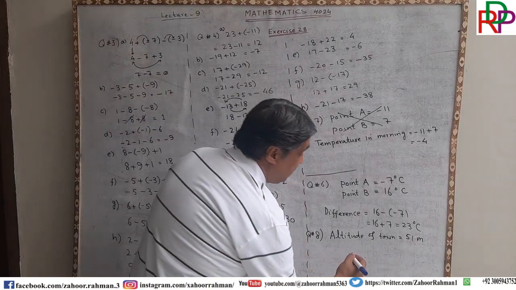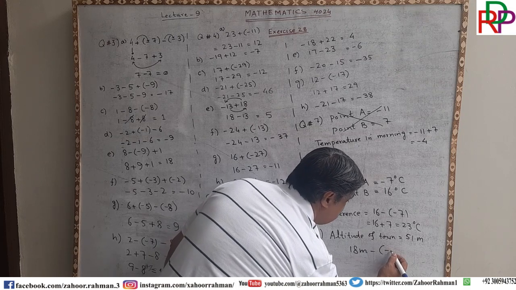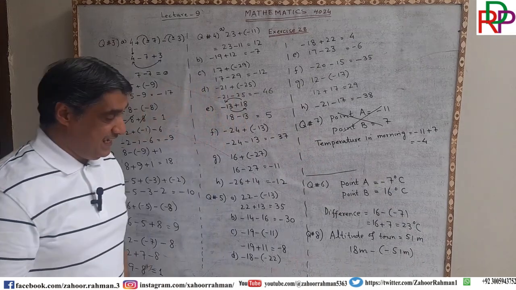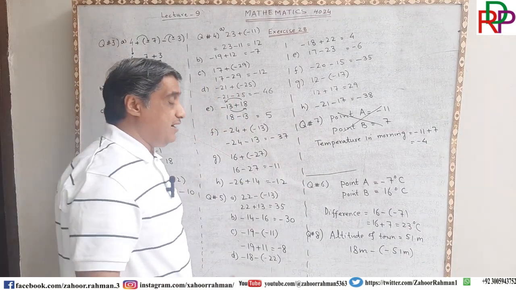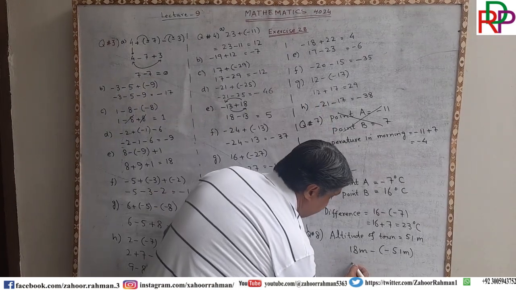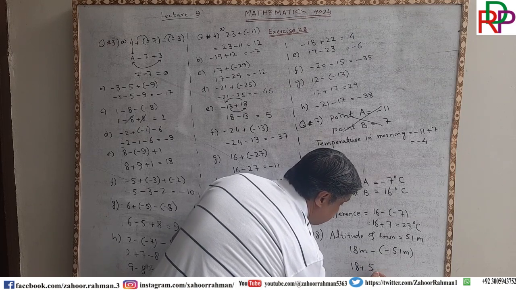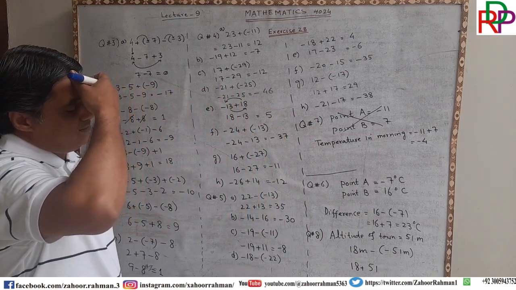So we have to write 138 meter minus minus 51 meter, because they are saying in the question to represent the altitude of the town with a negative number. So 138 plus 51. What is the difference?